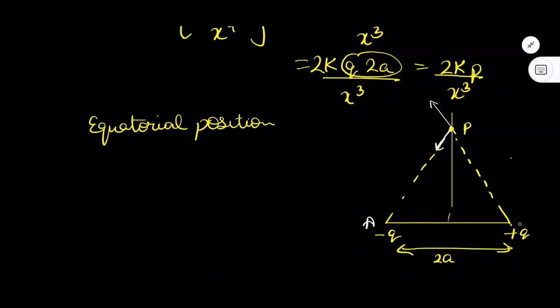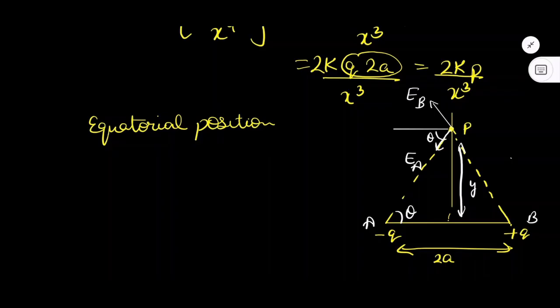Let me call the charges A and B, and this whole distance is y, and this is some angle theta. This is the electric field due to B, and this is the electric field due to A. Since these are alternate angles, this is also theta.